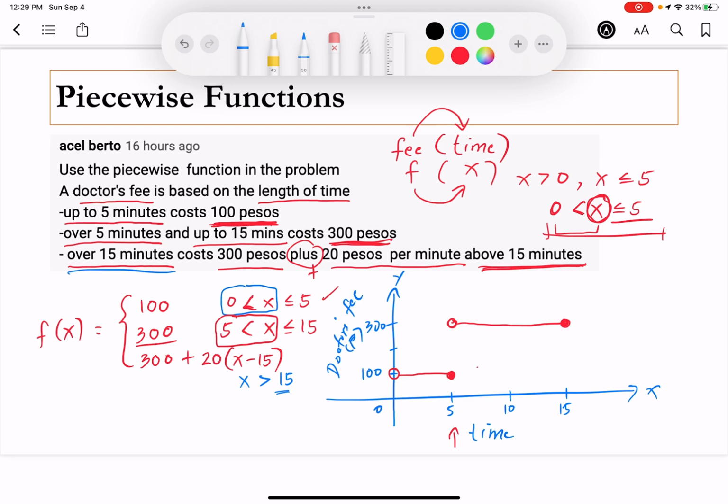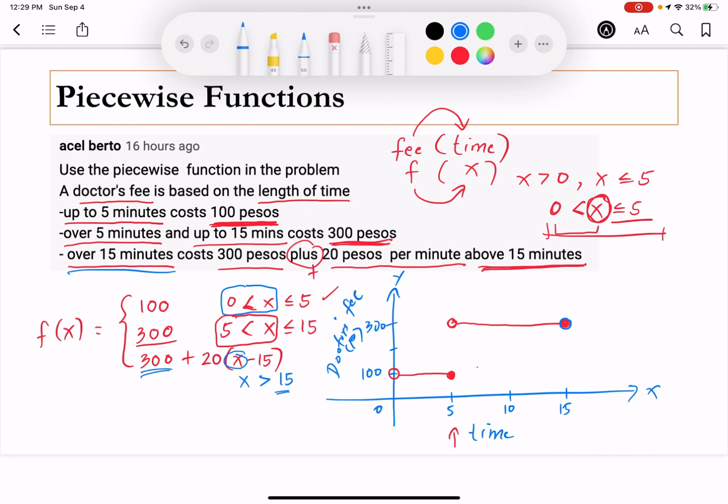If I put 15 in here in x, so 15 minus 15 is 0, right? So, 0 times 20 is 0. So 0 plus 300 is still 300. So I'll use a different color para kitang-kita.